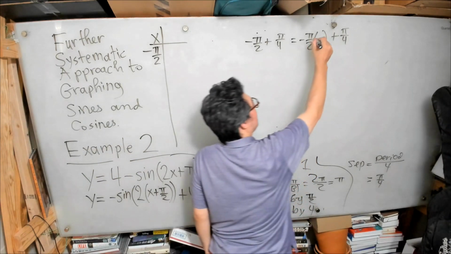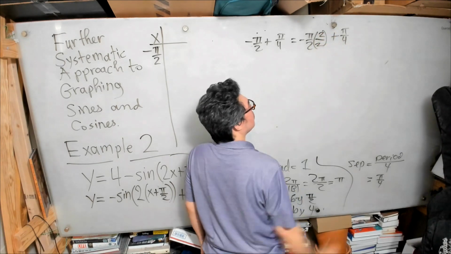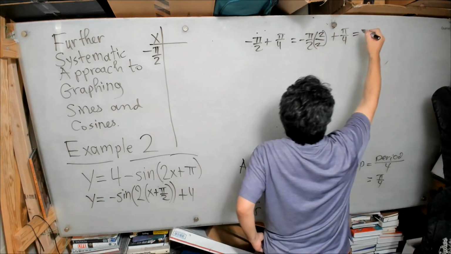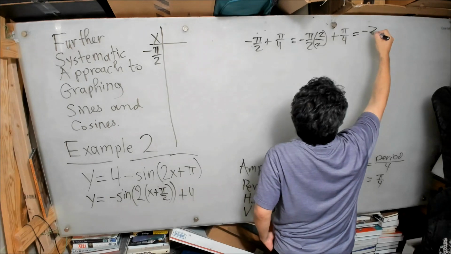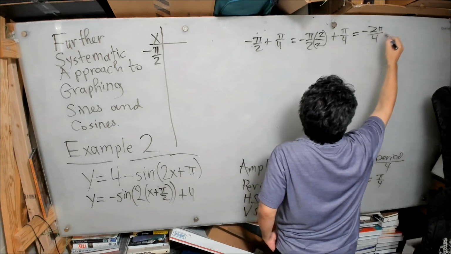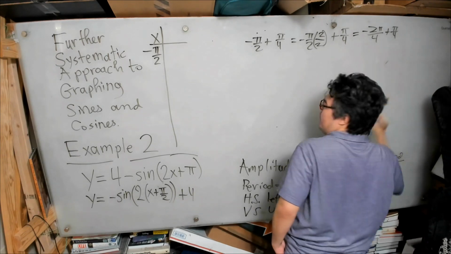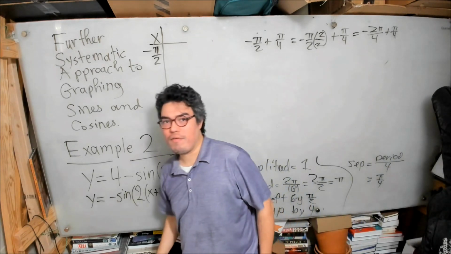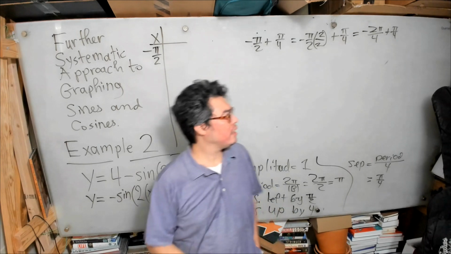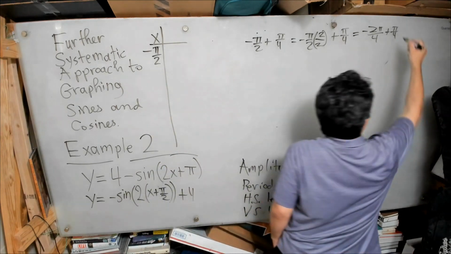I just have to multiply the pi over 2 by 2 over 2, and I'm done. I can see that that's going to give me negative 2 pi over 4, and then I bring my plus pi over 4. And if I have negative 2 pi over 4 plus pi over 4, that's going to be negative pi over 4.